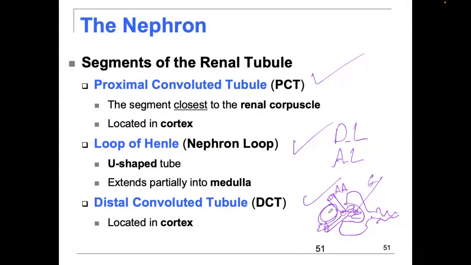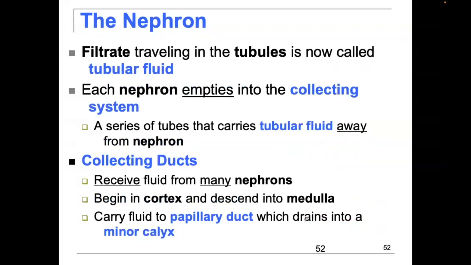But right in here, that's where the distal convoluted approximates and gets very, very close to regulate blood pressure and blood volume. That's the juxtaglomerular complex that I'm going to show you in a second.